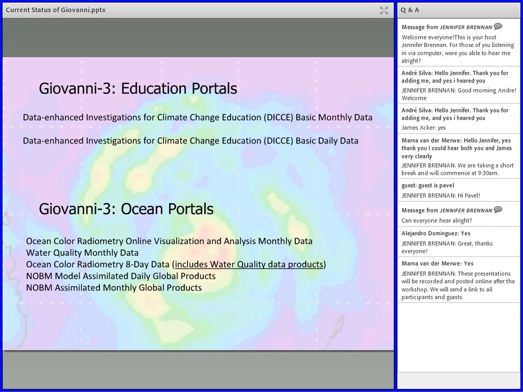And for the education system, we tried to come up with fairly easy to understand data sets of interest to students and teachers that can be used to look at potential climate change phenomena, such as snow cover, rainfall, surface temperatures, ocean chlorophyll, things like that. So I invite you to take a look at DICE, see what's in there now. We are going to adapt DICE to Giovanni 4.